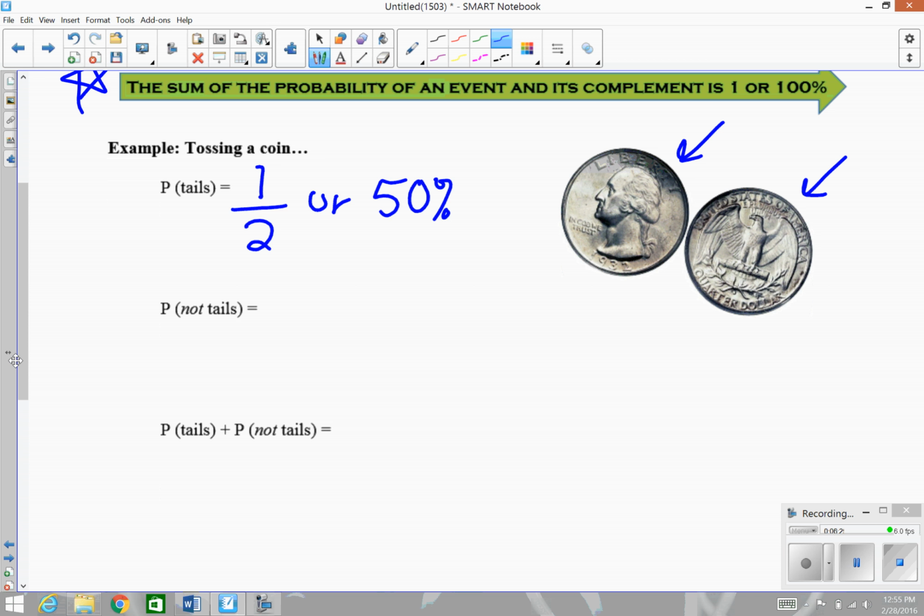The probability of not flipping tails, and the way we could denote that, when you have a complementary event, a lot of times instead of writing the word not, they'll use this little apostrophe, and that means you are not getting tails. Well, if you're not getting tails, then you must be getting heads.